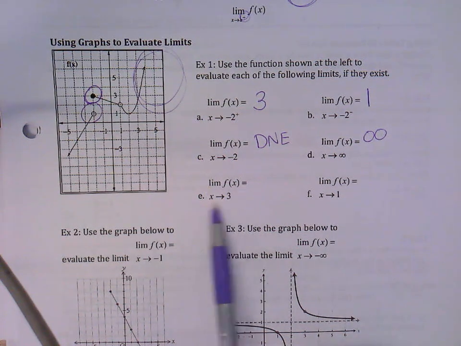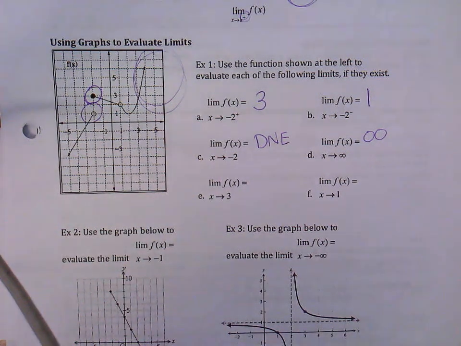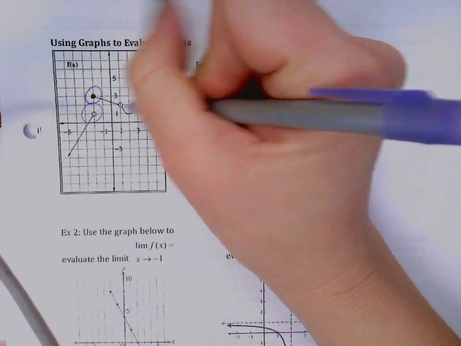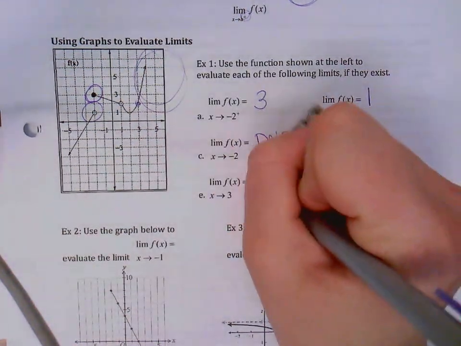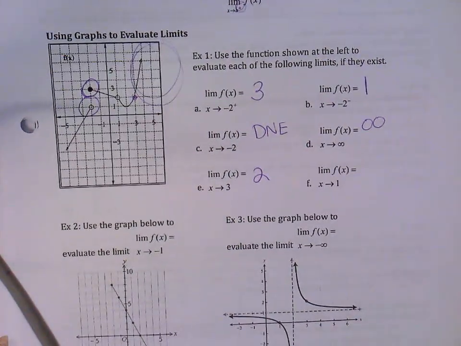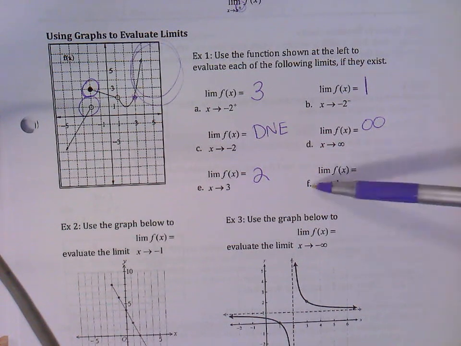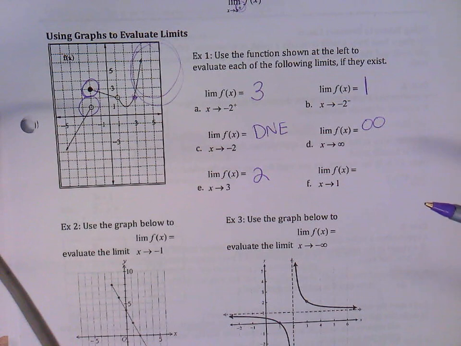What's the limit at 3? So find 3 on the x-axis. What y value does the graph approach? What would you say? Yeah, I'd say it's approaching a y value of 2, wouldn't you? And then what about when x is 1? What y value are we approaching? So when x is 1, what y value do you see?